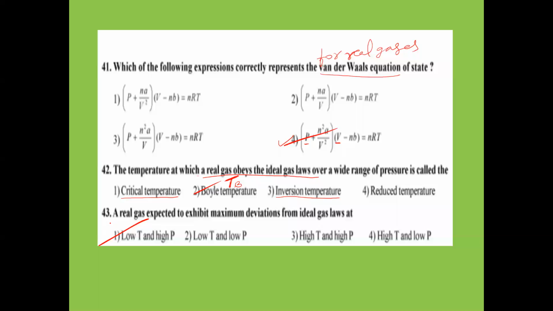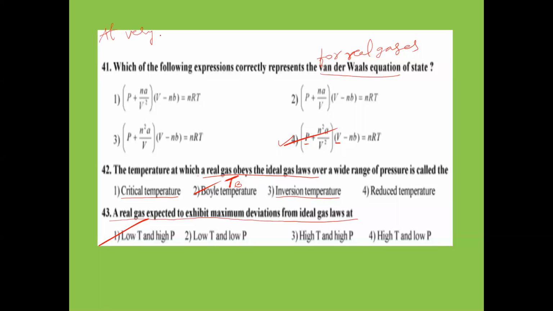Next, a real gas is expected to exhibit maximum deviations from ideal gas behavior at what? Generally we know that at very low pressure and high temperature, real gases behave like ideal gases.